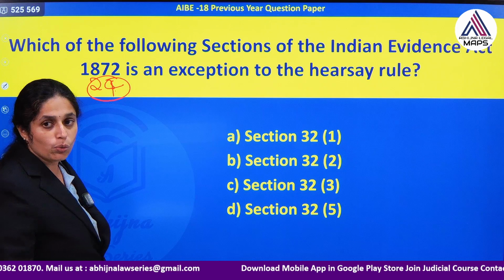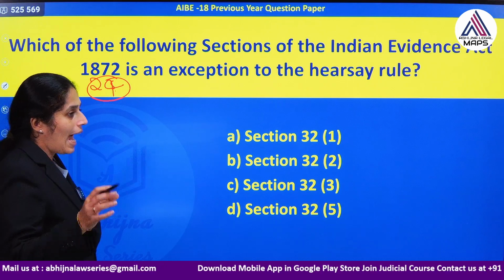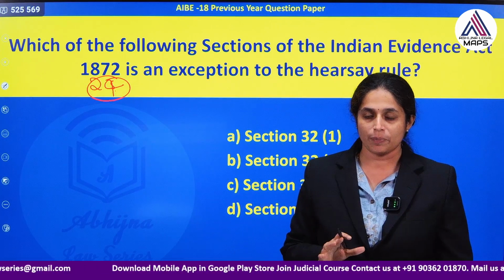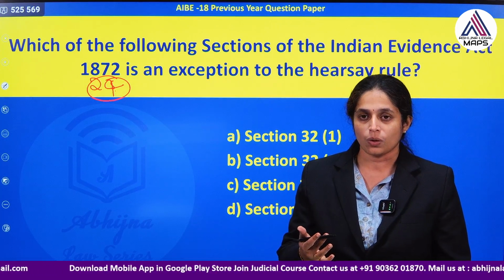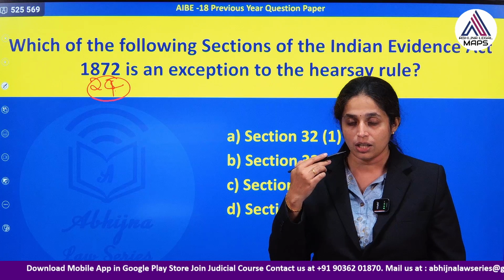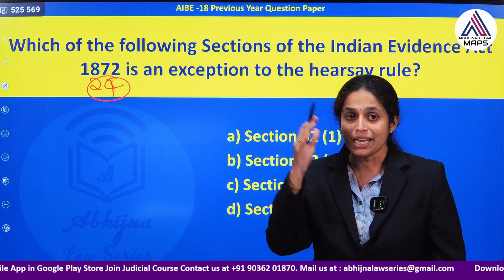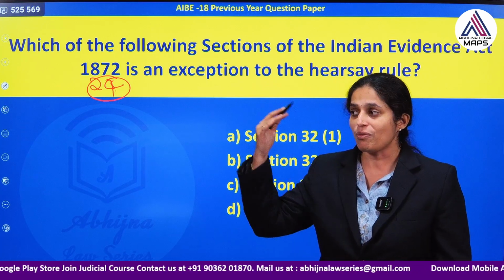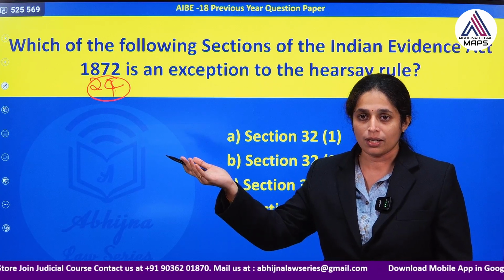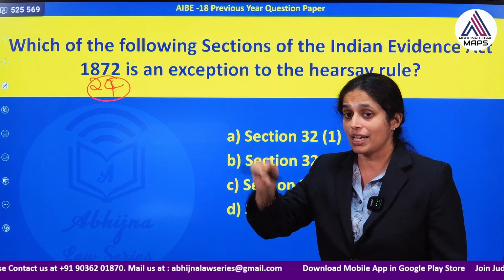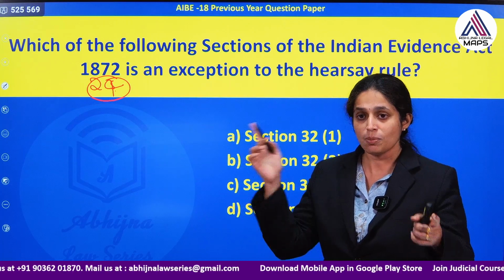So, the hearsay rule, what do you mean by hearsay rule? As per the proper rules of evidence, the evidence should be direct. Whatever we see, whatever we hear, only that can be given as evidence. I cannot give evidence which is hearsay, meaning someone says that he has seen the murder. I cannot go and say to the court that I have heard him say that he has murdered. So this becomes hearsay.